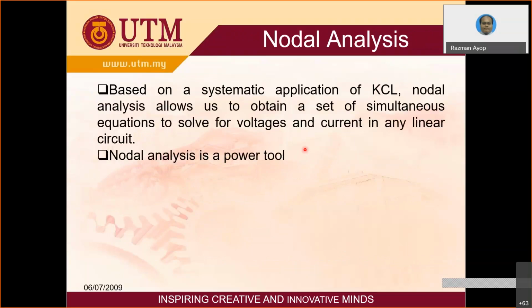Nodal analysis is basically we use Kirchhoff current law to solve the circuit. From the Kirchhoff current law, you will get the node voltage. That's why I ask you to learn about node as well as simultaneous equation, because you will use these three theories in this nodal analysis.